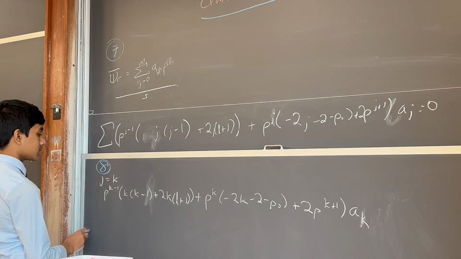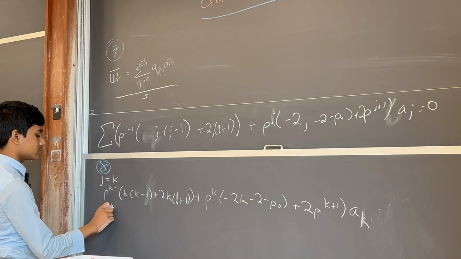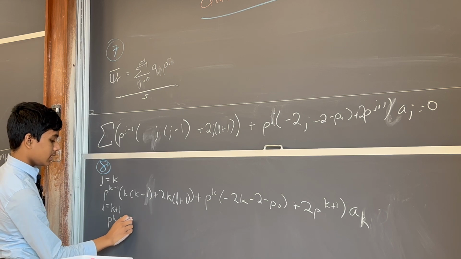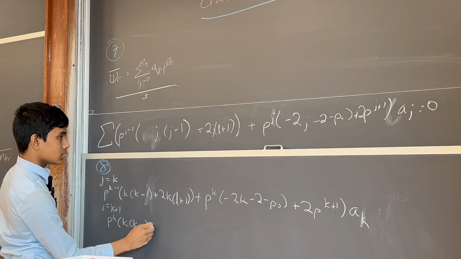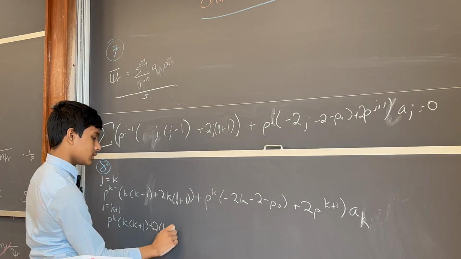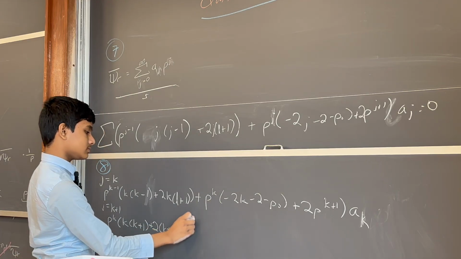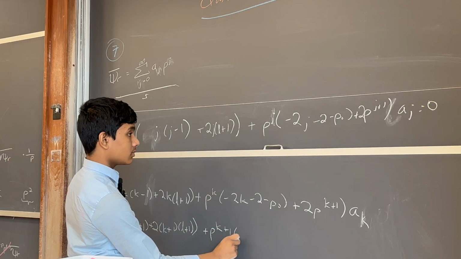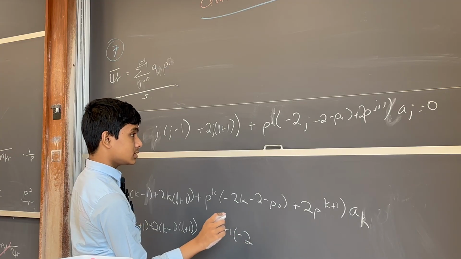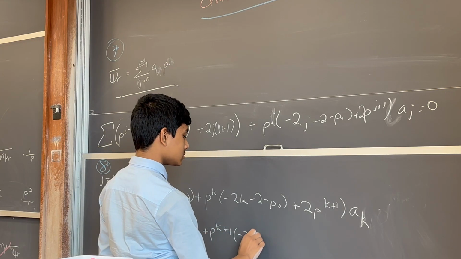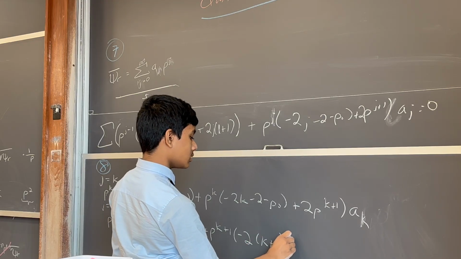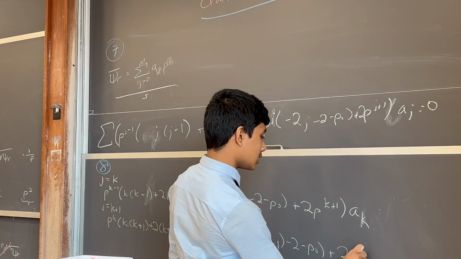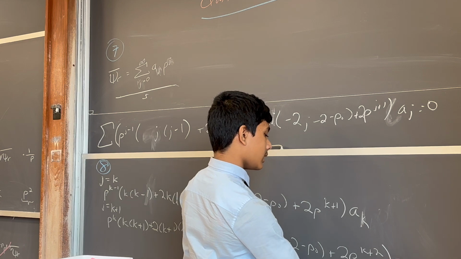Now what happens with term k plus 1? Well, we get rho to the k plus 1 plus 2k plus 1 L plus 1 plus rho k plus 1 minus 2 k plus 1 minus 2 minus rho naught plus 2 rho k plus 2 ak.